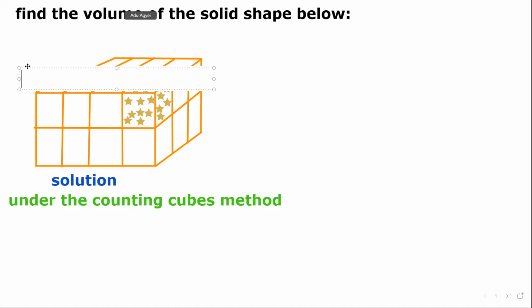Let's assume that a cube here is measured in centimeters, so we have 8 centimeter cubes here.